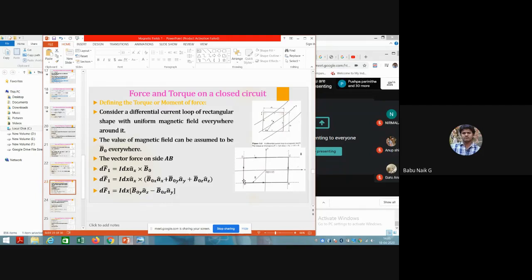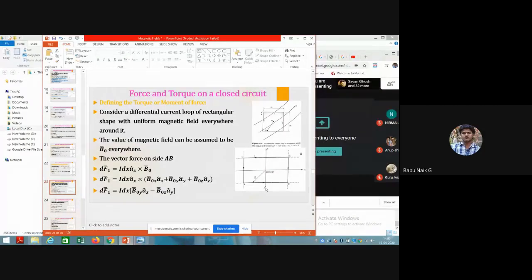Now let us calculate the vector force on this side, on AB. What will be the force on this one, where current is flowing in this direction? Then the magnetic field will be produced in the other direction, by the right hand thumb rule.